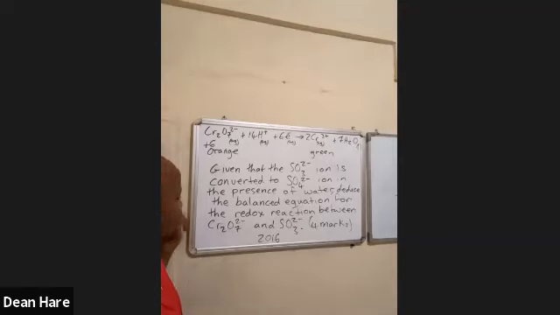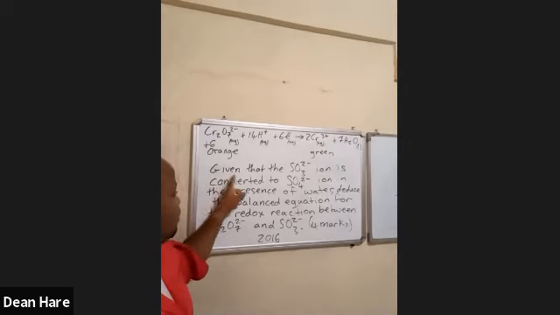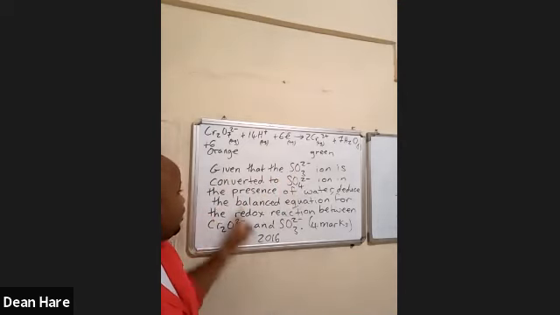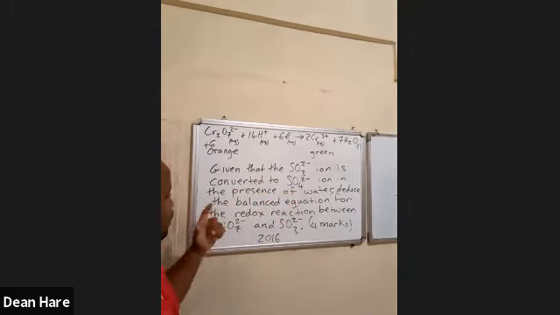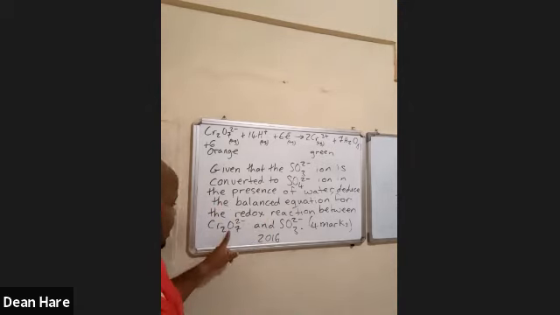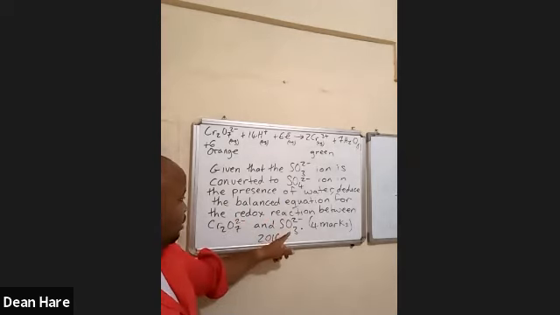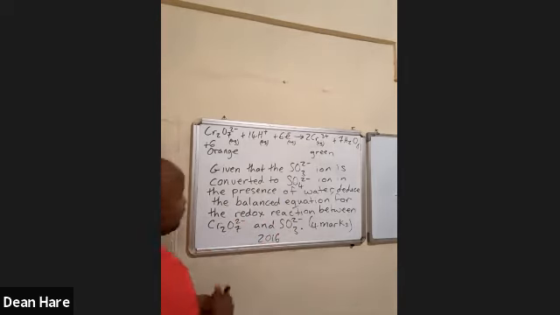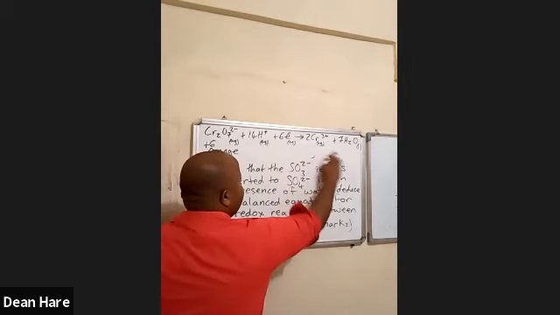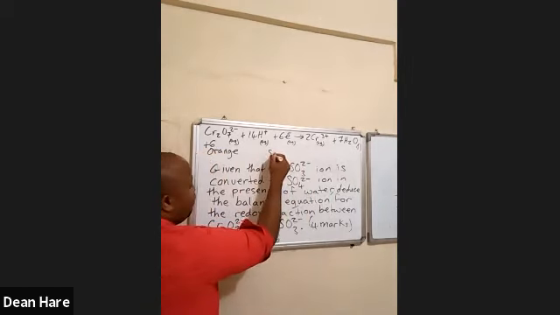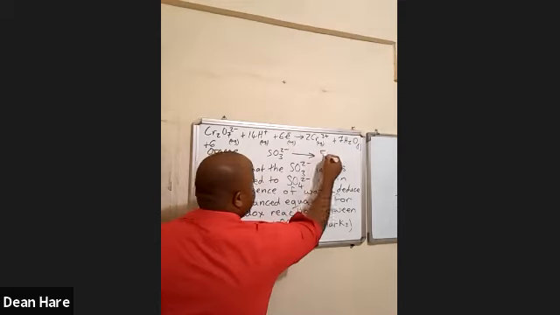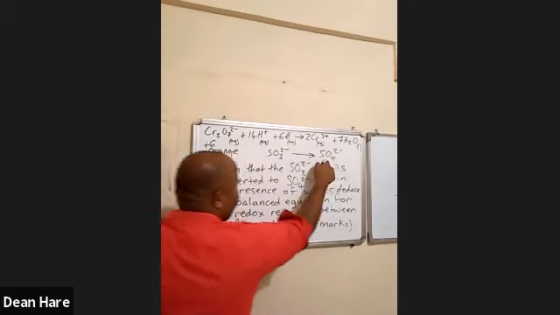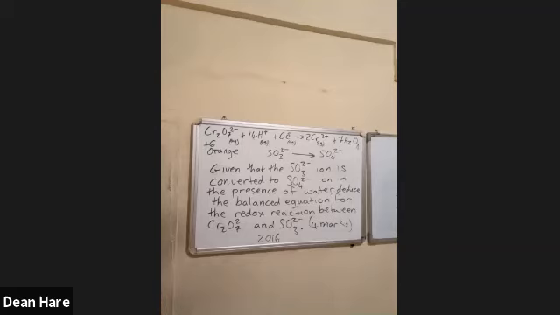So just so that no one's making a mistake, it says given that the sulfite ion is converted to sulfate ion in the presence of water, deduce the balance equation for the redox reaction between the dichromate ion and the sulfite ion. In this reaction, the sulfite ion to sulfate, so that is your next equation.